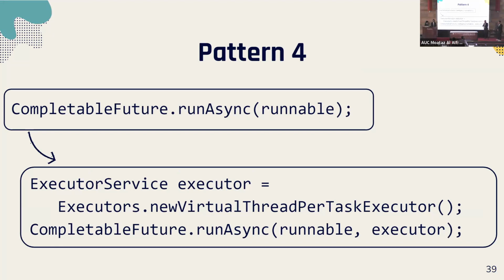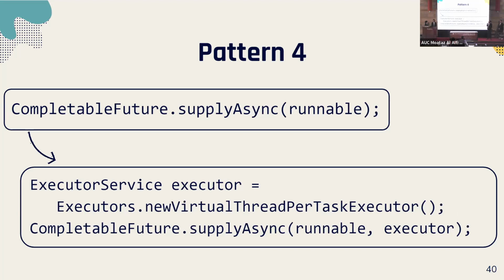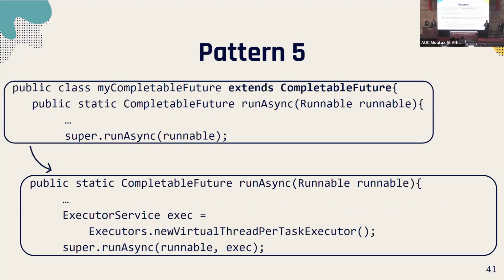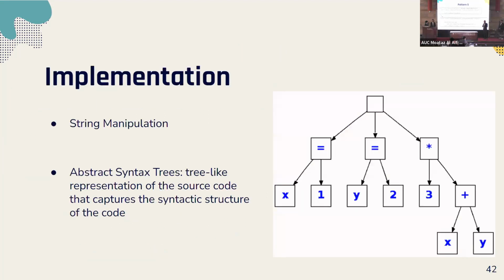So we can create a virtual executor and pass it to all asynchronous function calls, making it use the new Project Loom. And last but not least, one of our most complex patterns is whenever we have a class that extends CompletableFuture, which can be done for a variety of reasons. Instead of migrating all the function calls, we can do the migration internally in the class itself.